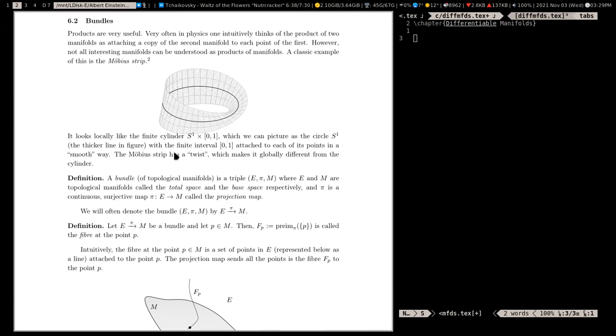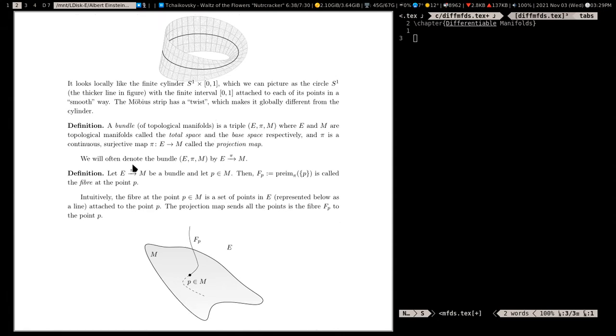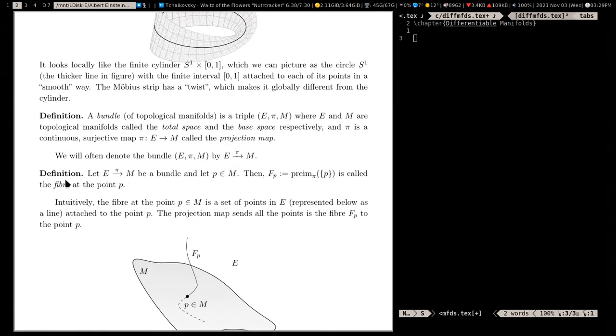Most of the time we'll be talking about manifolds that are C-infinity, that is, smooth. But here we can just say that those are topological manifolds. Similarly, we'll have some other terminology which you must have seen before. What is a fiber? If you have a bundle and you take a point p in the base space and look at its pre-image under the projection map, so you go up and see what is in the total space, that is the fiber for that point p.